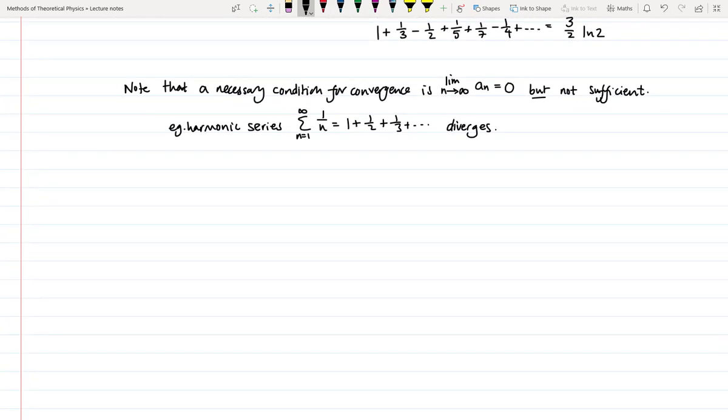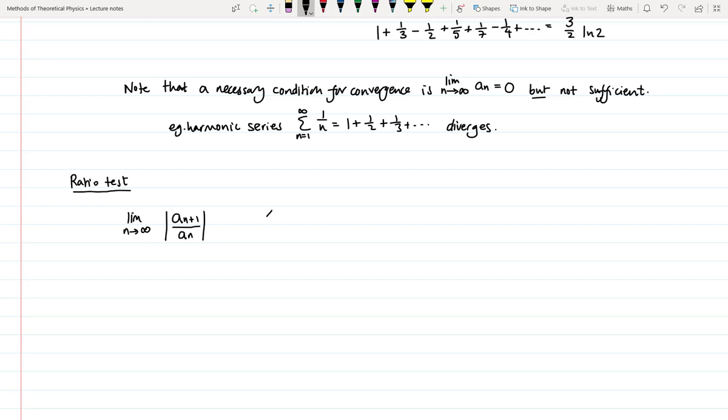We're now going to quickly cover a very important test of convergence that you can apply to the series directly. This is called the ratio test. In the ratio test, we take the limit as n approaches infinity of the ratio of the n plus 1th to the nth term in the series. Now, if this limit exists, then we have three possibilities.